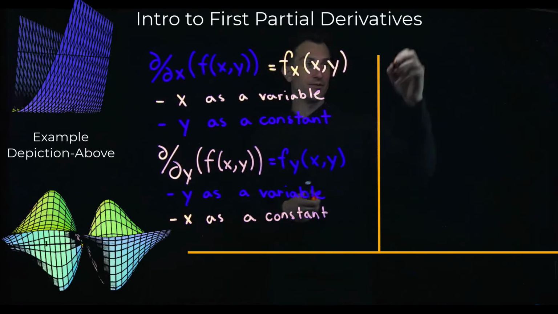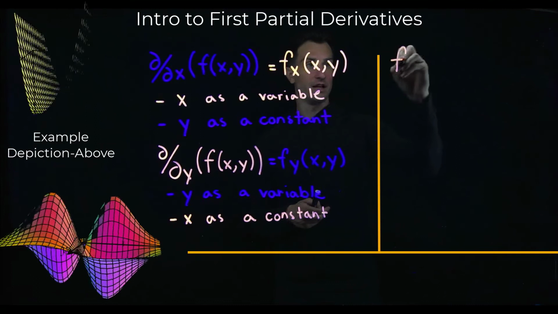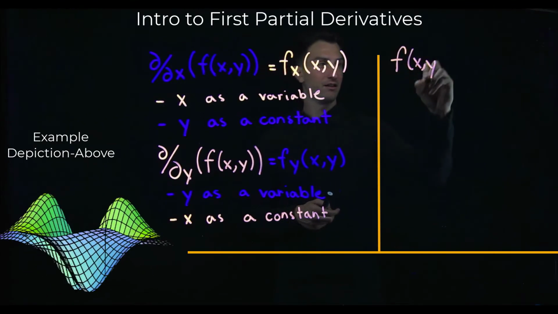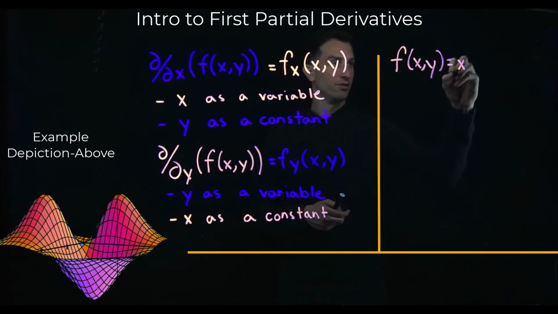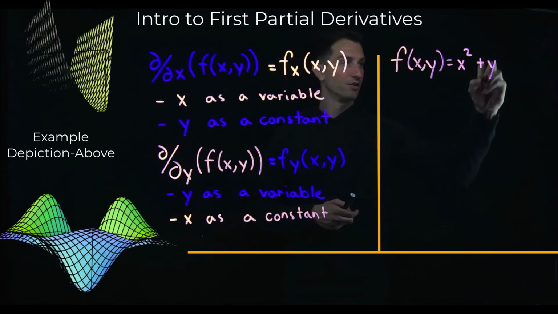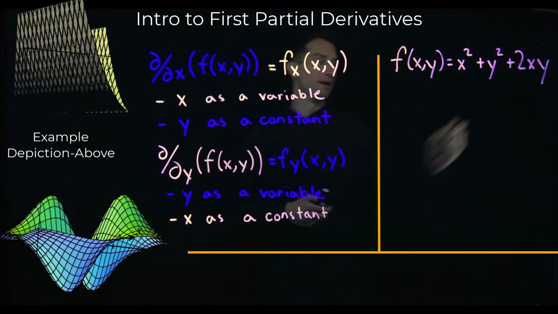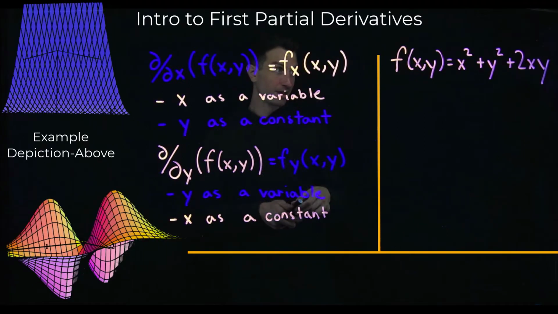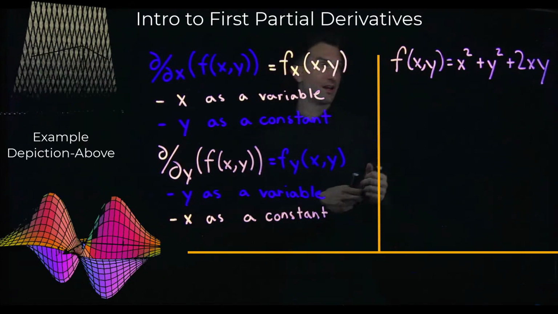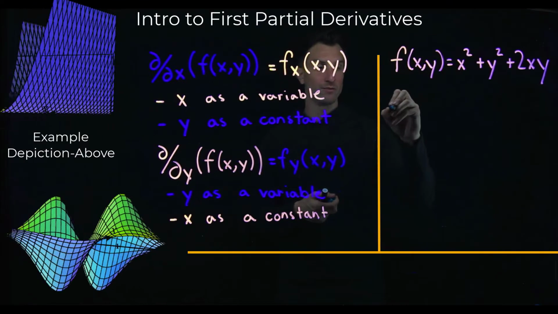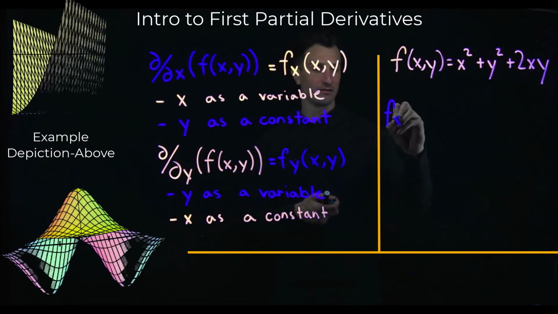Let's say I give you some function, f of x comma y equals x squared plus y squared plus 2xy. My very first step is to take the partial derivative with respect to x.